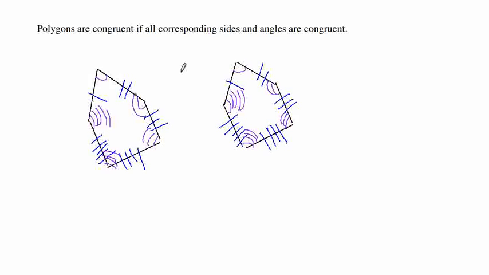Now, let me tell you some common names for some common types of polygons. So a triangle refers to a polygon with 3 sides. A quadrilateral refers to a polygon with 4 sides.